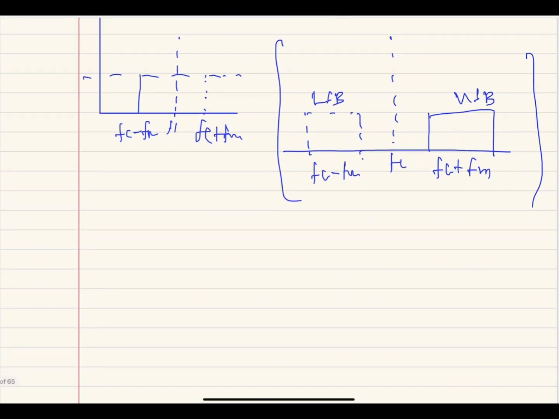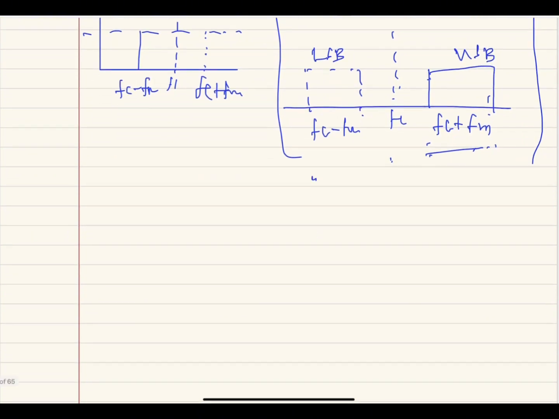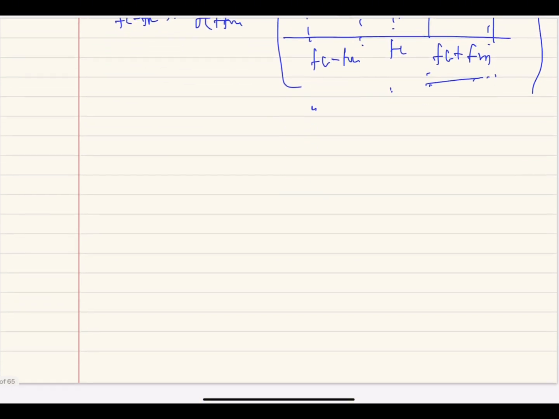So if I want to transmit this upper sideband, the power I needed to transmit the lower sideband, together with the power I need to transmit the carrier, will be added to the power for the upper sideband, so that I get a very big power and then do my transmission. So let's move on and do a mathematical analysis for that.